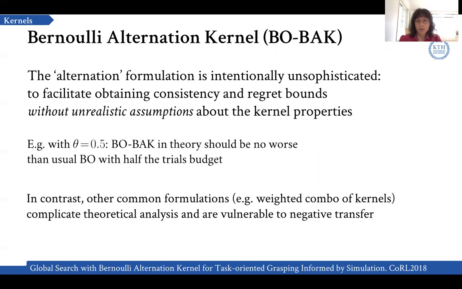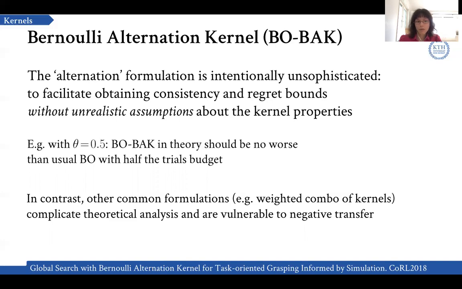So this definition is not sophisticated, but that is on purpose. For example, if we take a constant percentage of the time that we sample from the uninformed kernel, then in theory this approach should be no worse than the usual BO with half of the budget of trials, and we can obtain all of the original consistency and regret bound guarantees that we would get for BO.